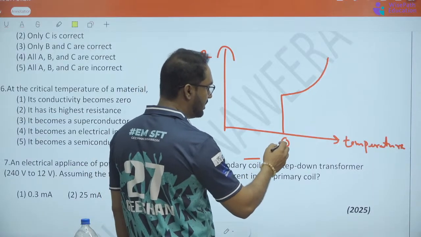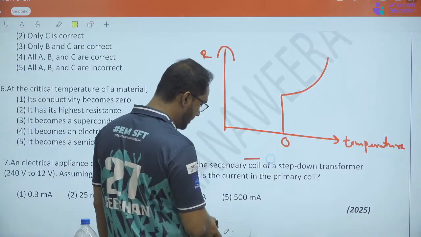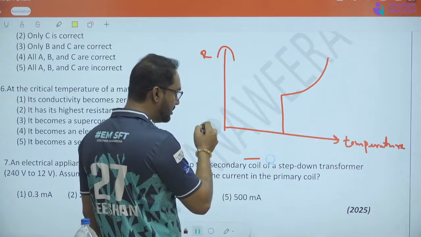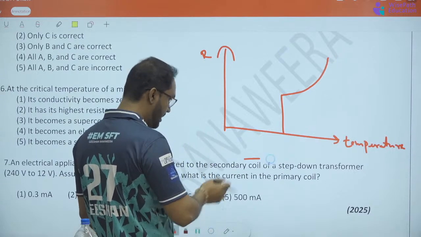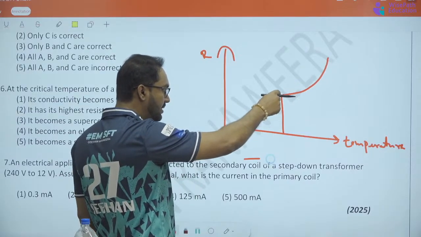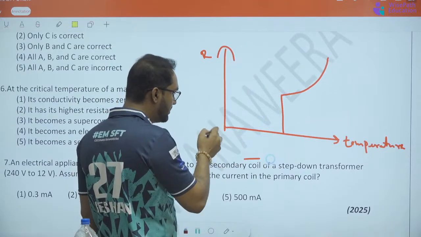And this is the resistance becoming 0, not the temperature. Resistance becomes 0 here. When you reduce the temperature, the resistance will reduce, and at a certain temperature, the resistance will become 0.